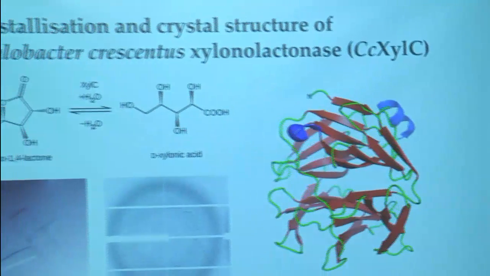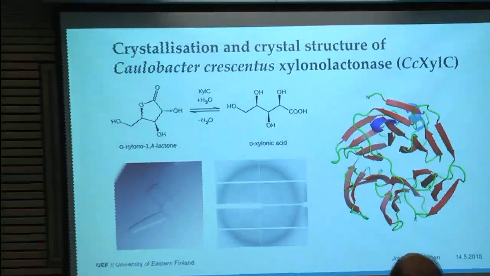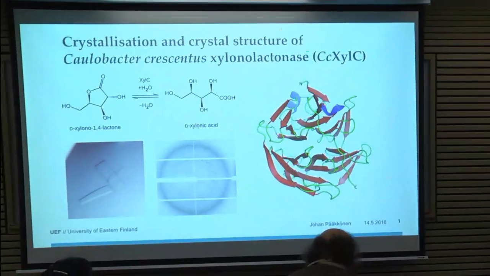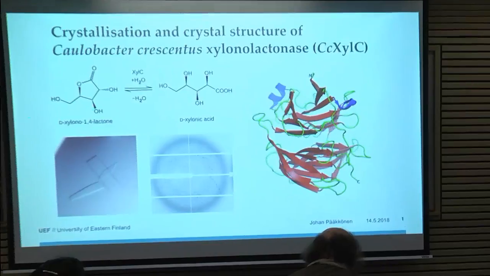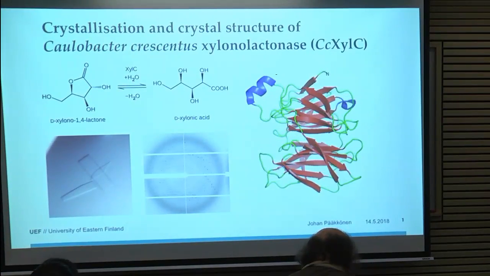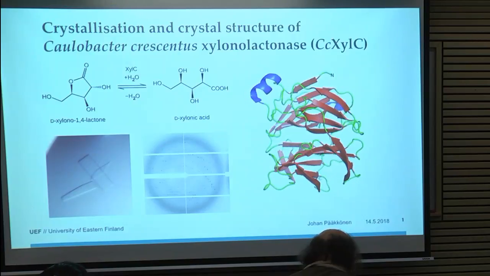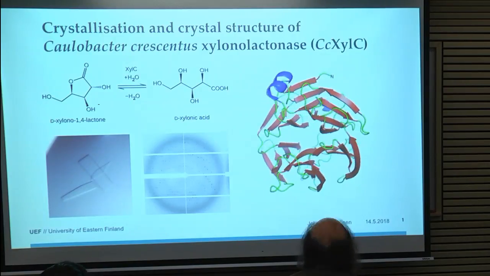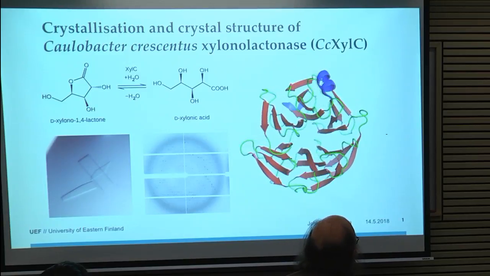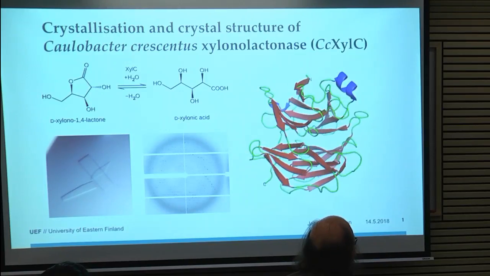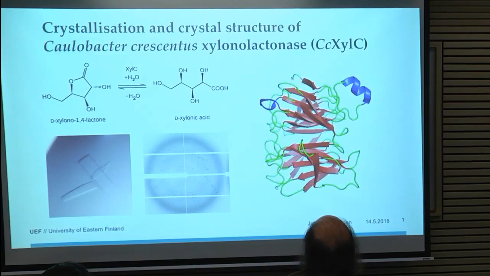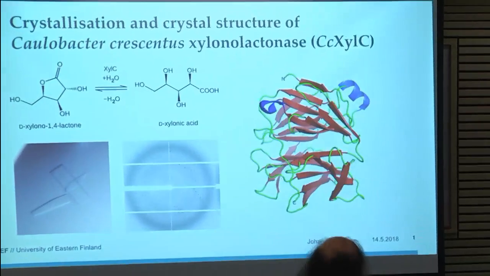This reaction and this enzyme belong to the metabolic pathway of xylose sugar to xylonic acid, and ultimately to other interesting products such as 1,2,4-butanetriol or ethylene glycol, depending on the enzymes. This has a lot of industrial potential.